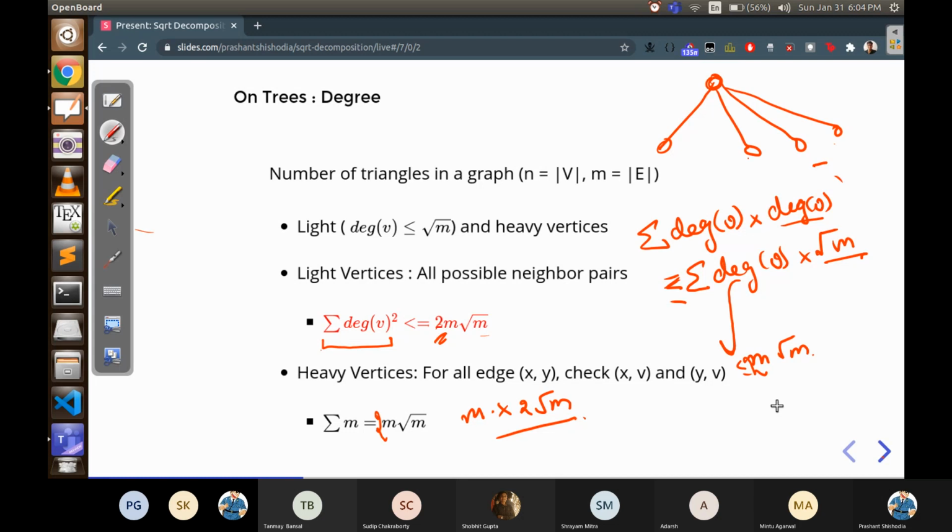So whenever you are making any structure on square root decomposition, for light vertices, you can use quadratic time.